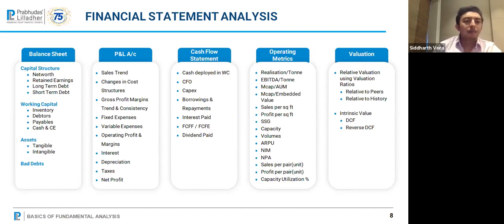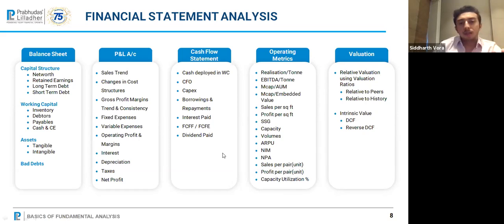But in an asset light company, no need to look at the fixed asset turnover because it's going to be high because they have very low fixed assets and very high returns on those fixed assets. So the point here I'm trying to drive home is be aware of these concepts, how to use them from an investment perspective, and use relevant concepts for the relevant industries and companies. It is not one size fits all.